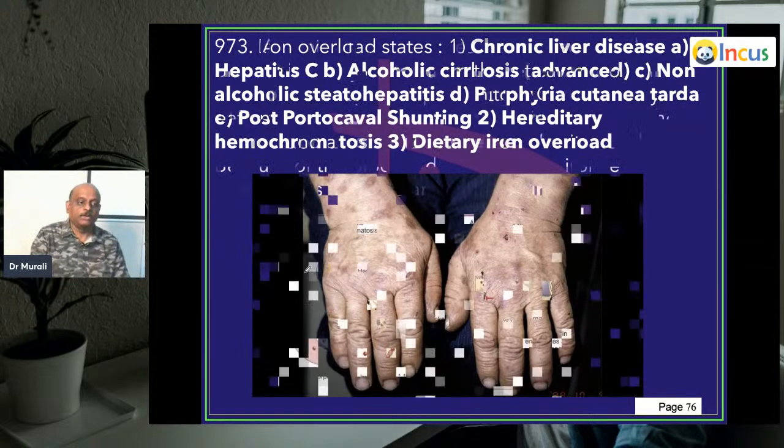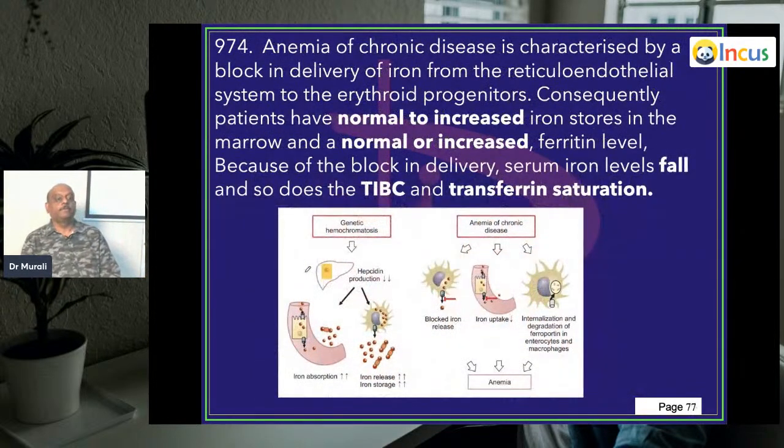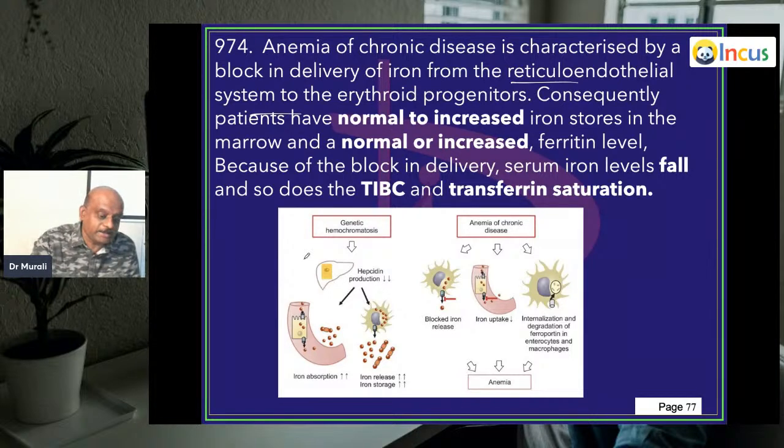Right. So now let's talk about anemia of chronic disease. In this, what happens? There is a block of delivery of iron from the reticuloendothelial system, that is in the bone marrow, to erythroid progenitors.